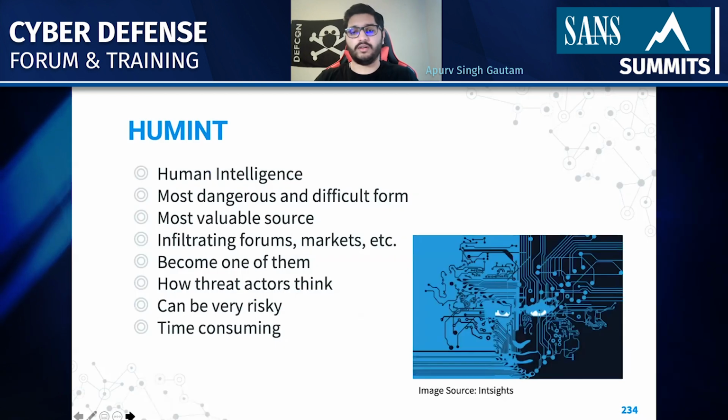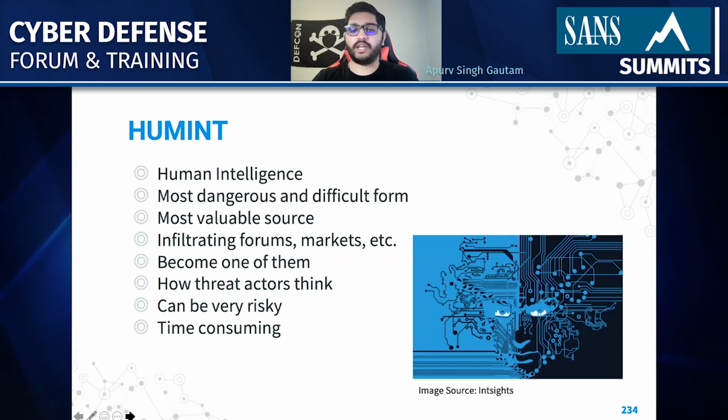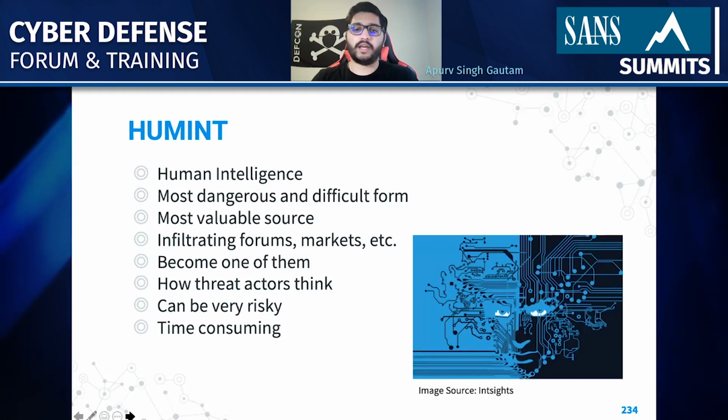Now moving on, the human element part that I was talking about. Human intelligence is basically a form of intelligence where you use interpersonal contact rather than any tool-based or technical process. By interpersonal contact, I mean you go and talk to the actor, you involve yourself in that community or forum and engage with actors.